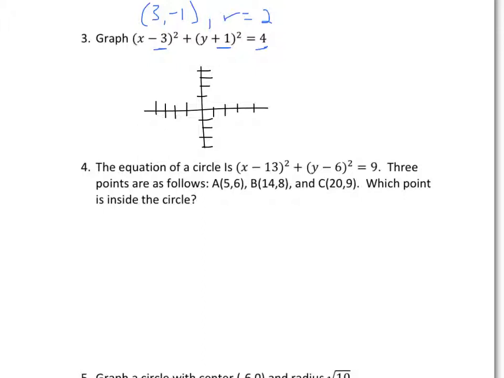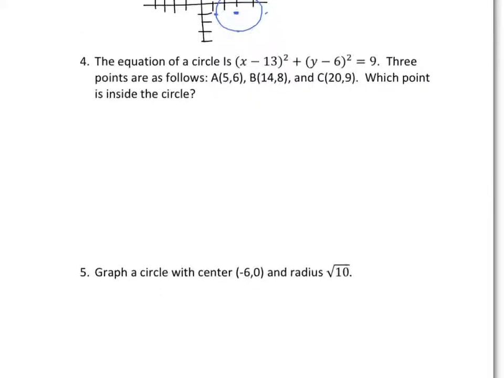In blue, I'm going to go over to (3, -1), put the center in there, and go radius 2 all around. Connect them all, and there's my circle. Obviously, it doesn't have to be perfect. You just do the best you can.